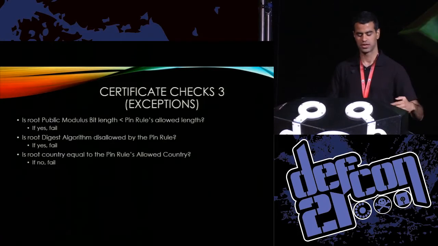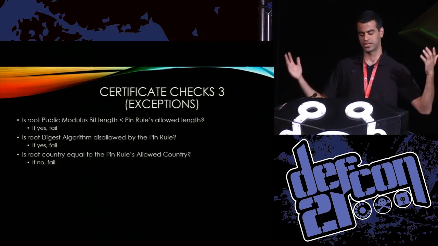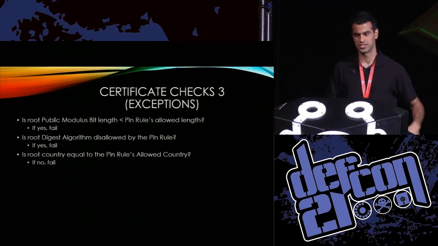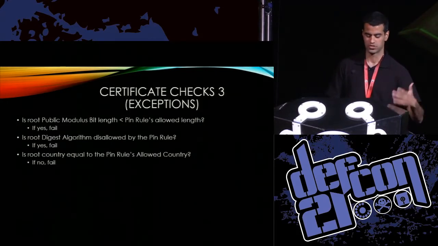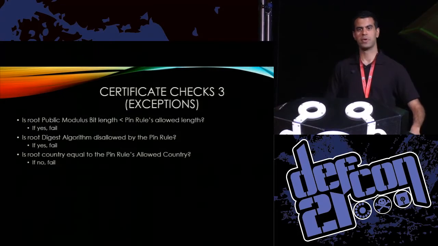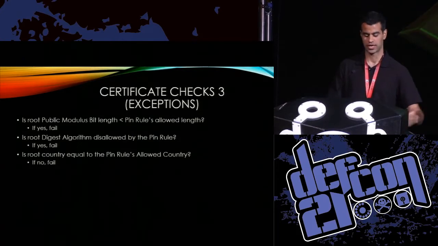They can also check the digest algorithm. If it's MD5, which was proven harmful in the past, they can disallow that. Or they can disallow roots from certain countries, for example if they don't think VeriSign should be in a different country than the US, they can check that and mark it as weird. In general, we're trying to give a lot of control to the users, so they can decide what they want and don't want to check in the certificates. That was one of the design goals.